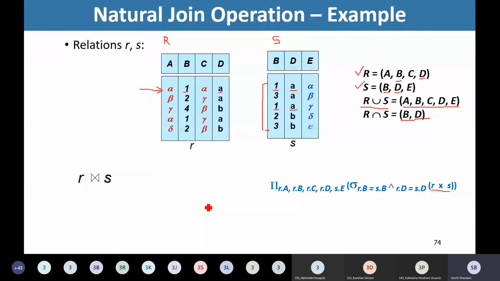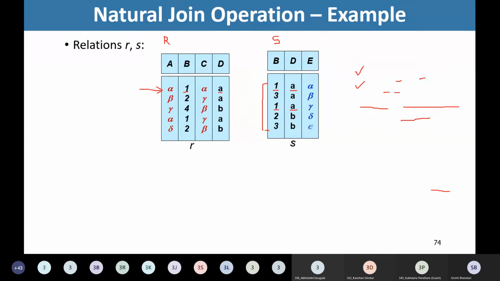So have you not understood the definition? No, ma'am. Okay, so let's go back.